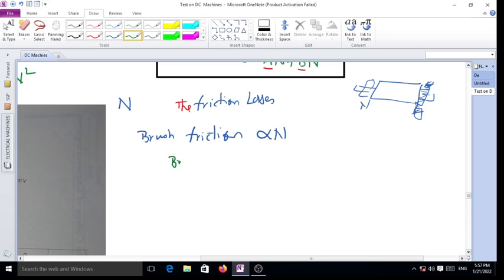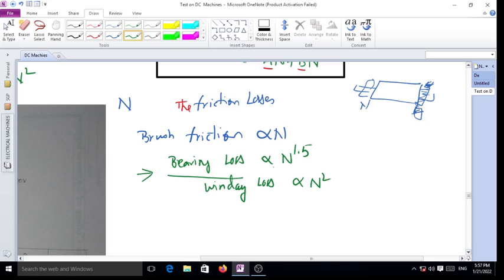So we are taking friction and windage losses.